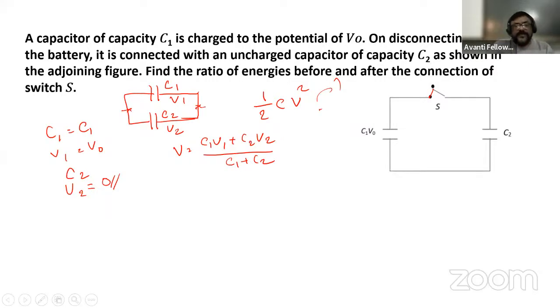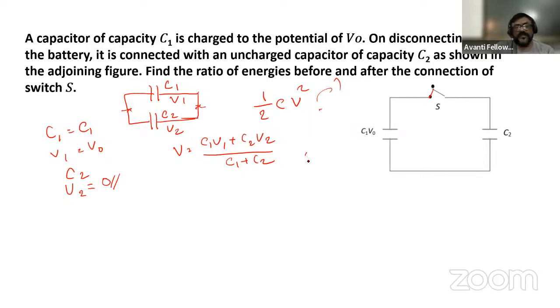So let us see what will happen before this switch is closed. This is an open circuit. Charges cannot flow from one place to another. So the second capacitor C2 is uncharged. We have charges only in the first capacitor. It has a capacitance of C1 and its potential difference between the plates is V0.